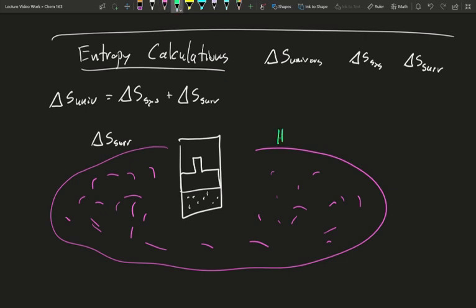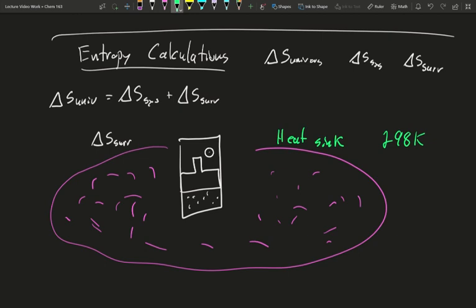This means we can treat it as a heat sink. We can dump extra heat into it or take extra heat out of it as our system requires. But we can maintain a temp, because these calculations are often done at standard temperature of 298 Kelvin. This is the temperature for our standard state calculations.